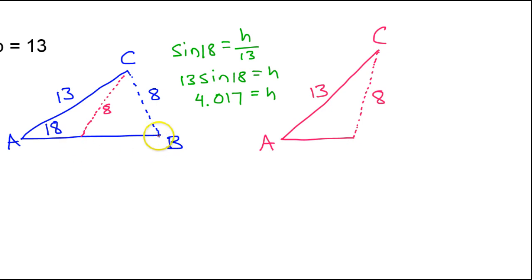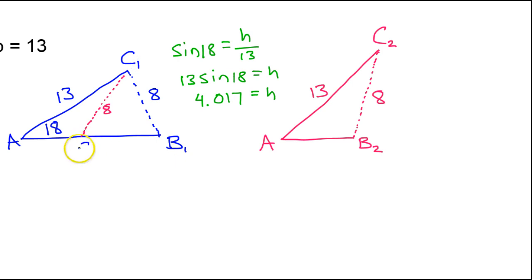And so the blue angle B is out here, but for the red triangle, angle B will be sitting right here. Now I can't really call this angle B since this one is called angle B. So I'm going to call this angle B2 and I will call this C2. And in fact, I'm going to go back and call this angle B1 and C1.